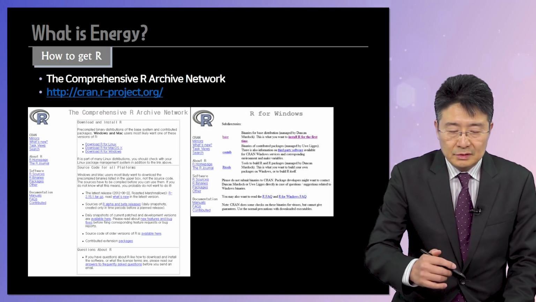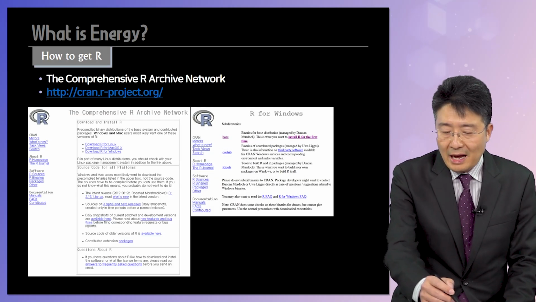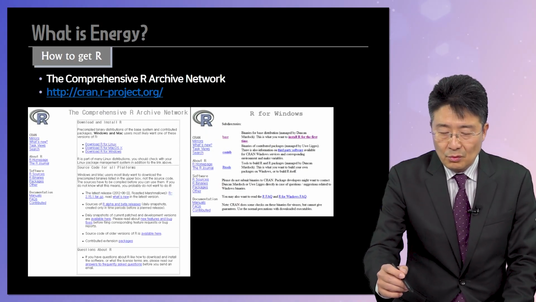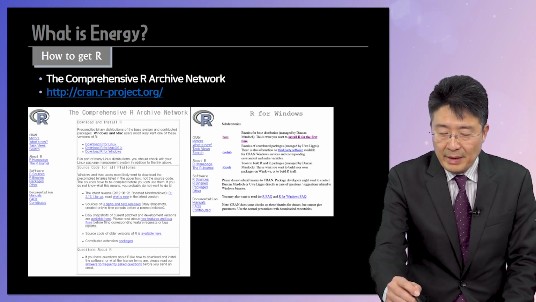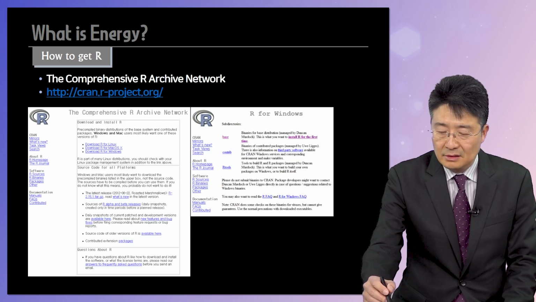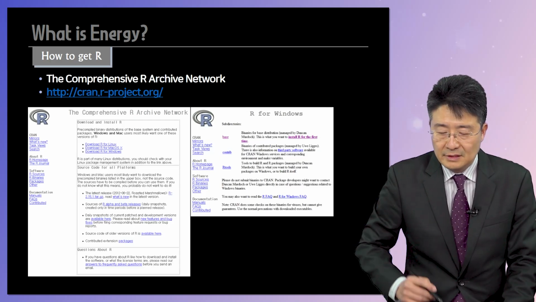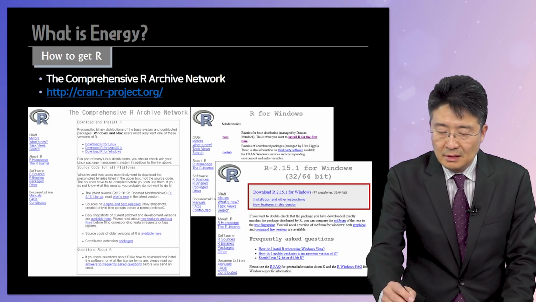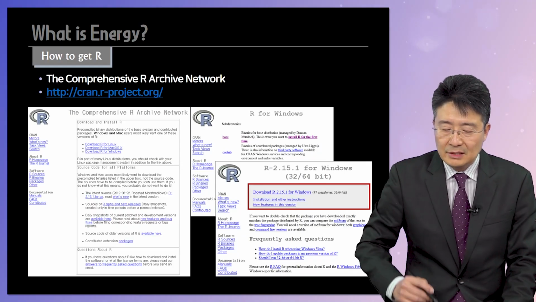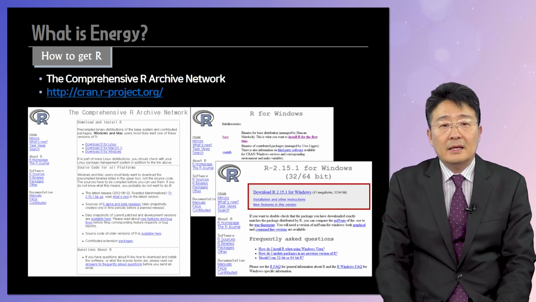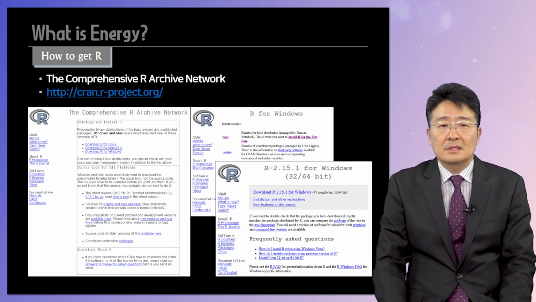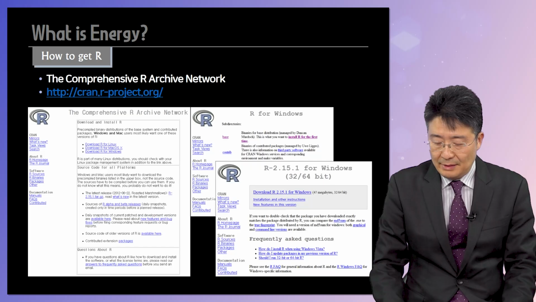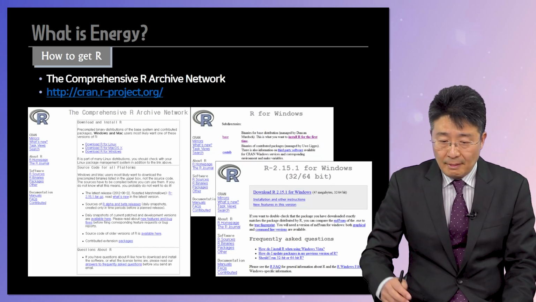If you choose Windows R, you are going to see a base and click install R for the first time. And then you can download the R execution file. Then you can install R on your laptop or desktop computer.